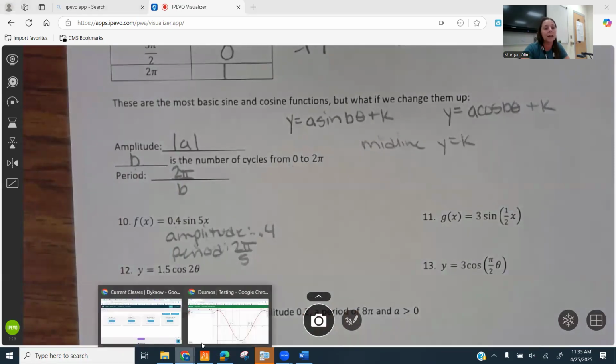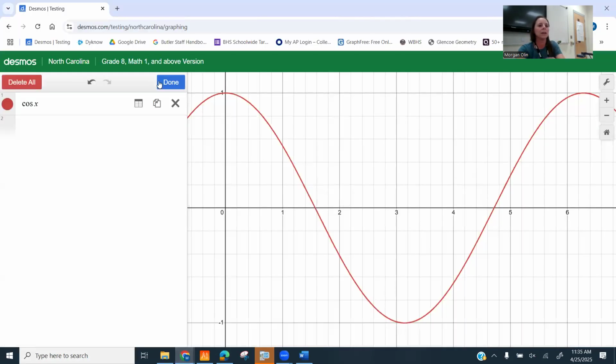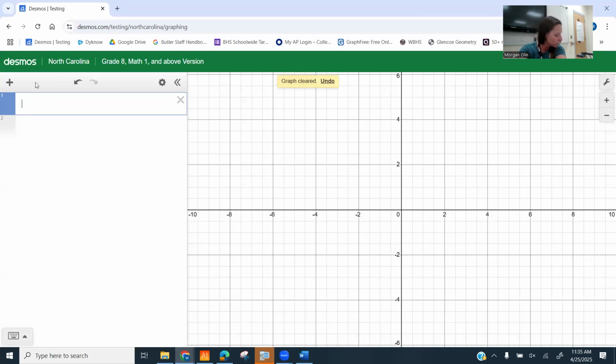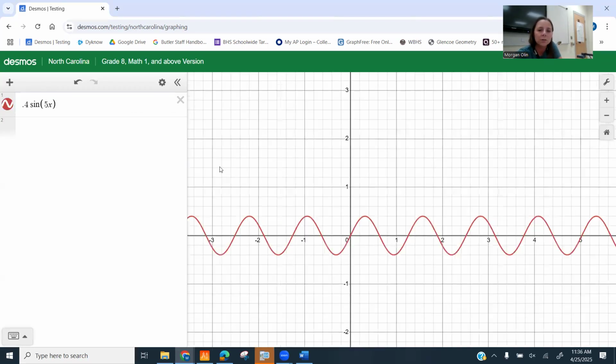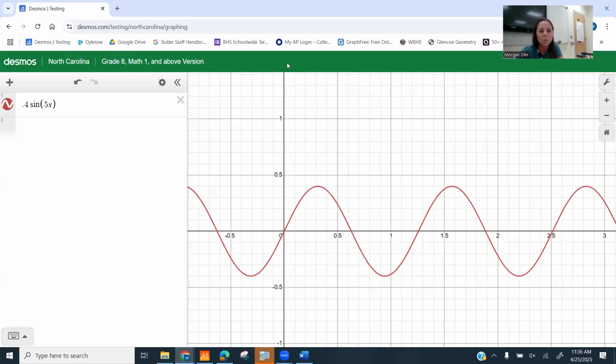You can get some of this stuff just by looking at the graph as well. So if I put 0.4 sine of, put 5x in parentheses, please. Now, as I zoom in right here, I can see that one cycle runs from here to here.